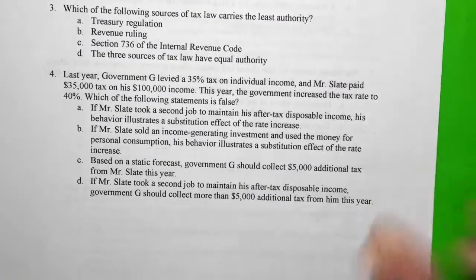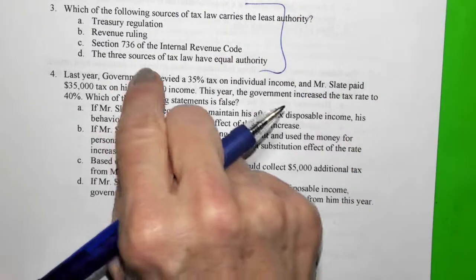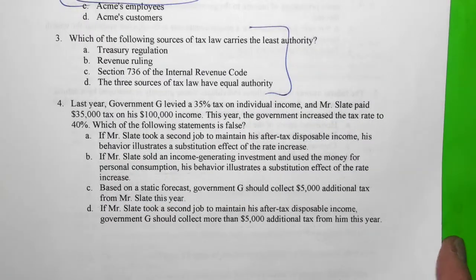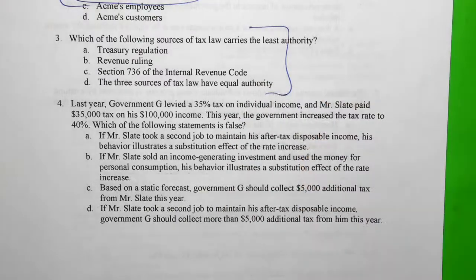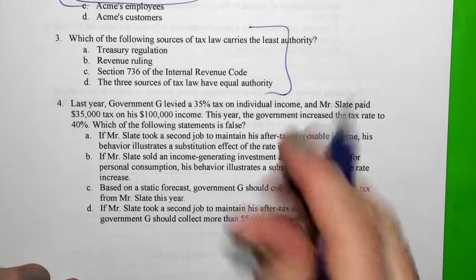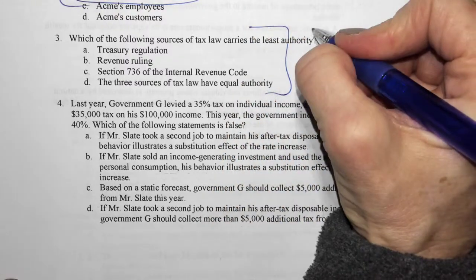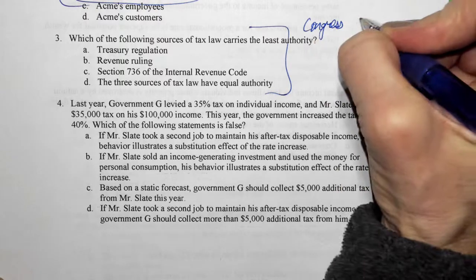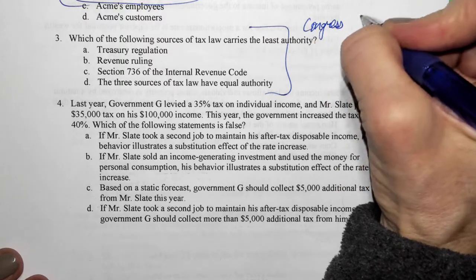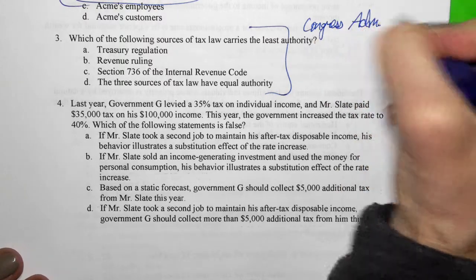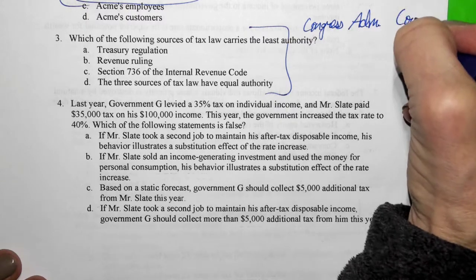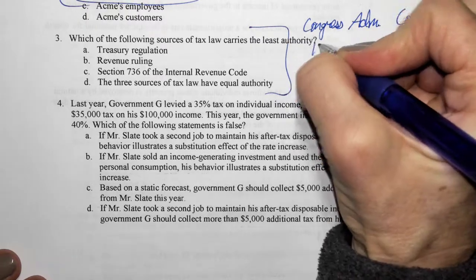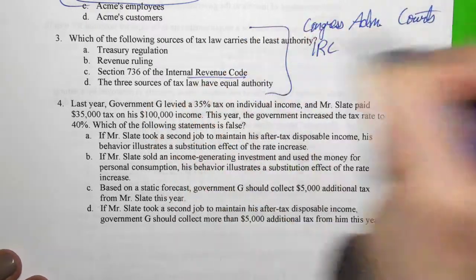Okay, I only had one or two students get number 3 right, but I went back and looked at my notes for January 30th, and I really had laid out Congress versus the administrative branch versus the courts. Congress is the Internal Revenue Code. That's a top, high authority.